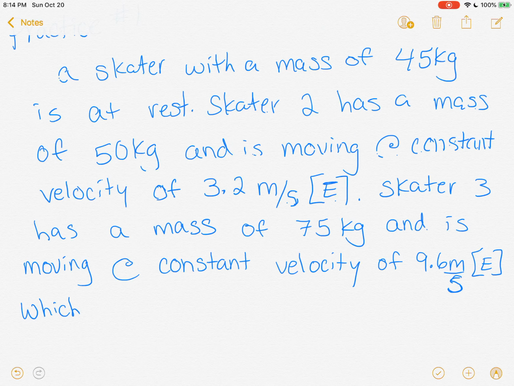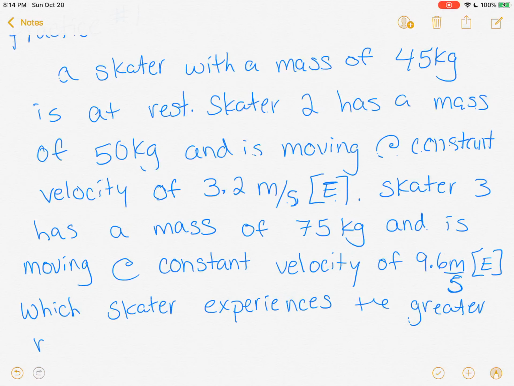So our question is, which skater experiences the greater net force?